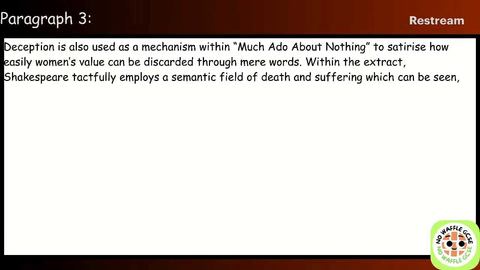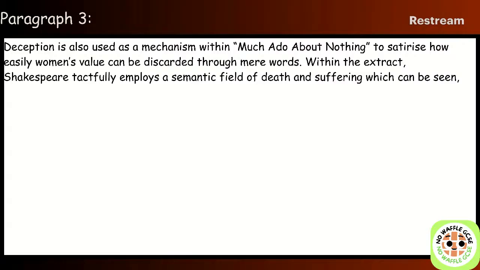So within the extract, we're going back to using the extract. In our second paragraph, you notice that we kind of diverted away from it. So I would recommend that if you're going to use a point that's not necessarily based initially from the extract, do that in your second paragraph so that you can come back to using the extract in your third one.